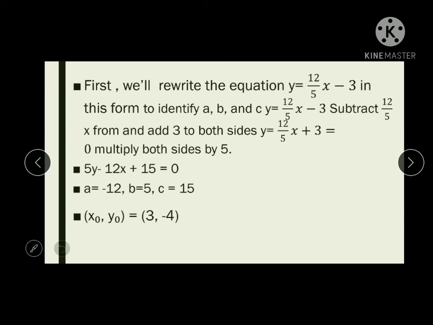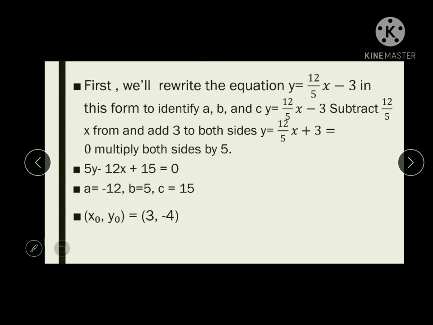Since y equals 12 over 5 x minus 3 is not a standard form, first, we'll rewrite the equation in this form to identify A, B, and C. Y equals 12 over 5 x minus 3, subtract 12 over 5 x from and add 3 to both sides.